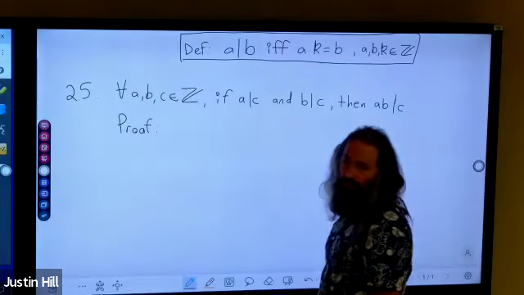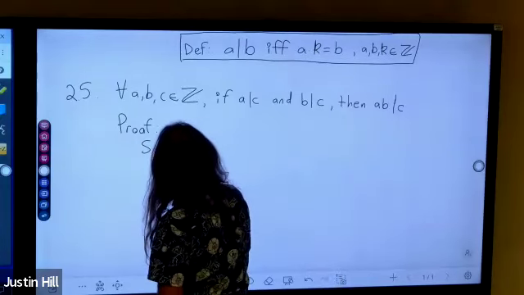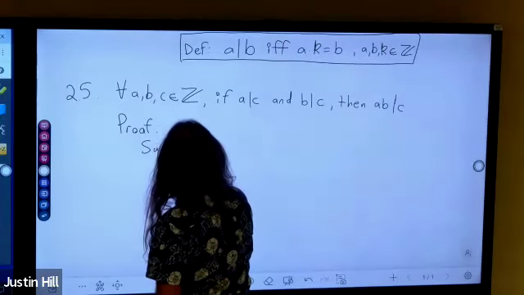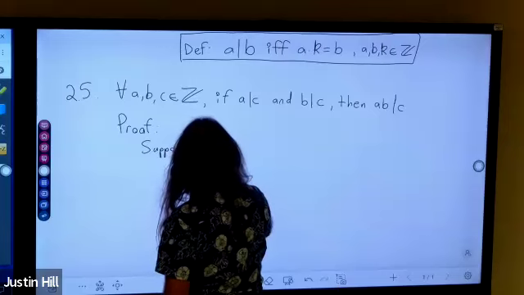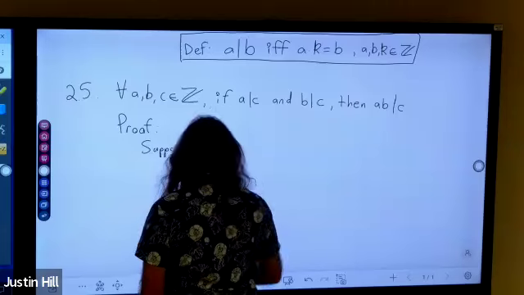And so I would need to start out with my suppose. So suppose A, B, C are integers. Let's say they're integers first.